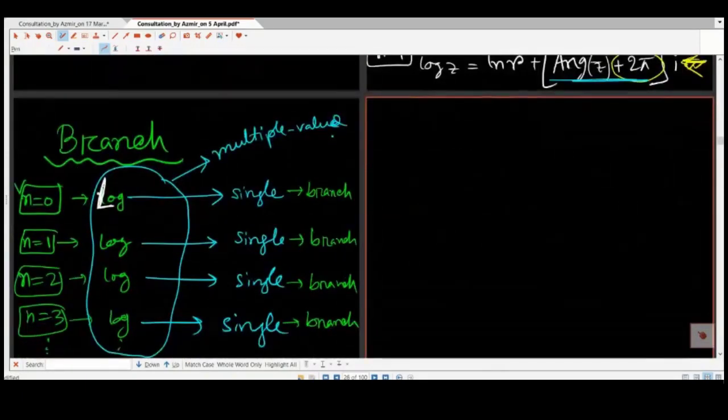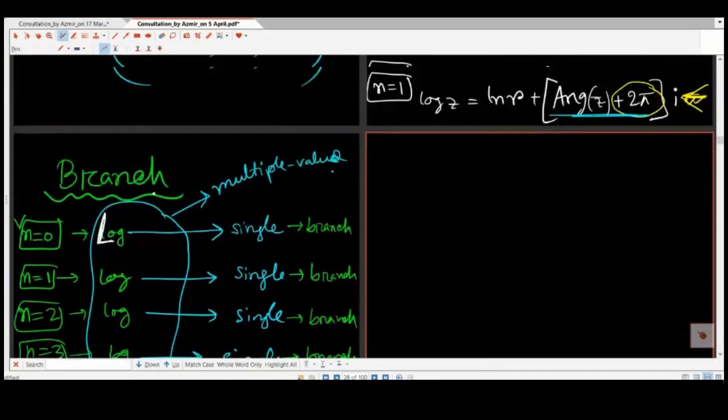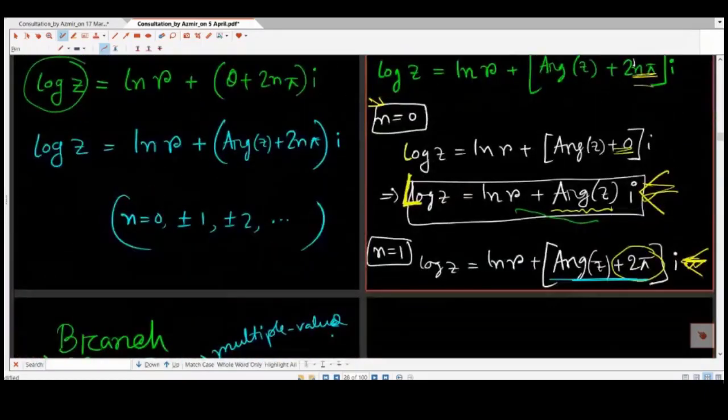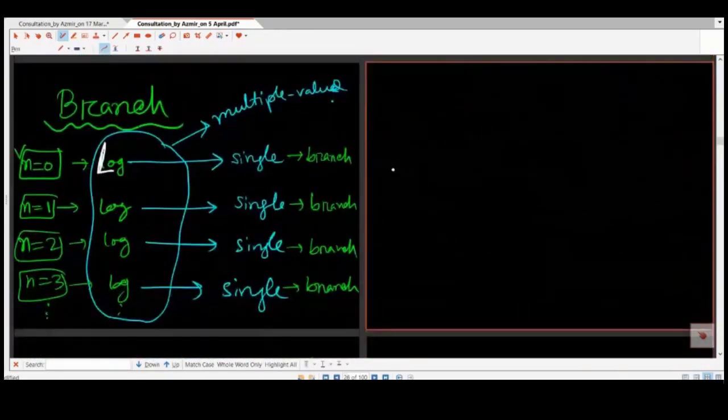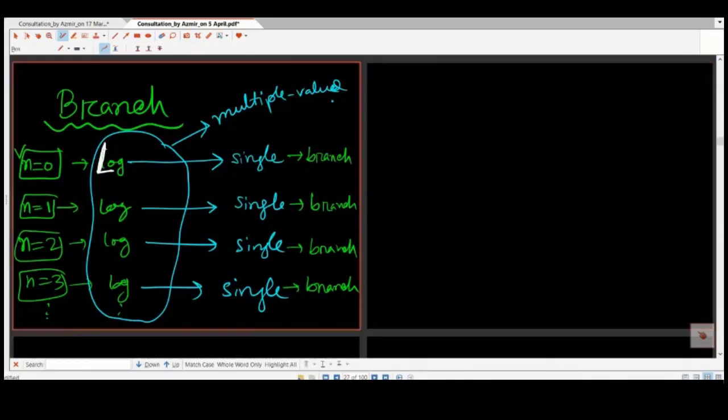I have mentioned that this defines the principal value of the complex logarithm. It is true that this is a branch, but since it has a specific name, principal value of complex logarithm, capital L, we can say that this branch is called the principal branch. So what is a branch? A branch is a single valued function that comes from a multiple valued function.